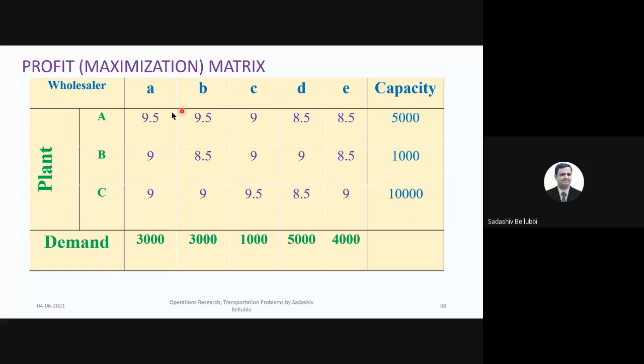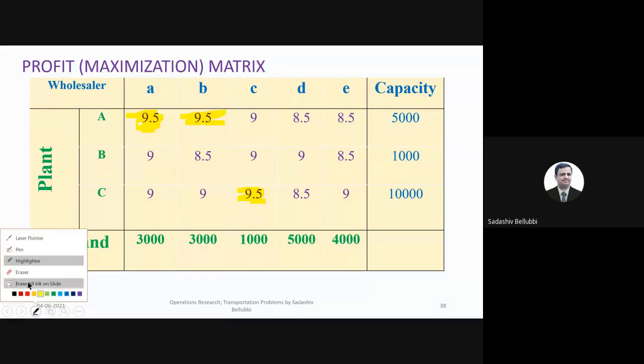So 9.5 is the largest number, no? No other larger numbers are there. How many 9.5s? There are a total of 3 numbers. So 9.5 is the highest number. Once you identify the highest number, we need to subtract all the numbers from that highest number.